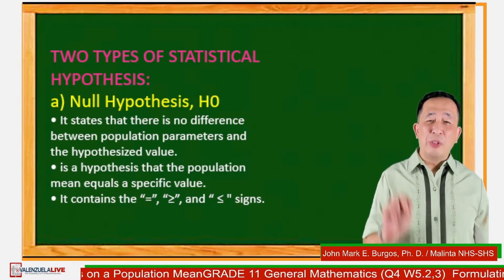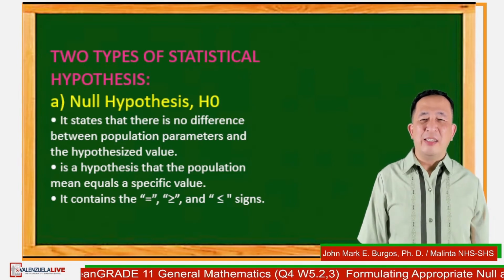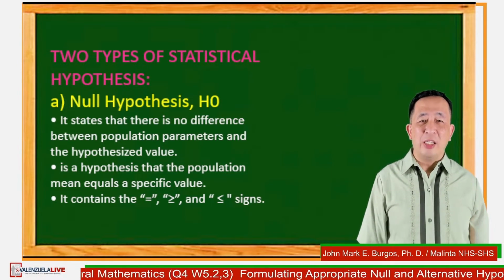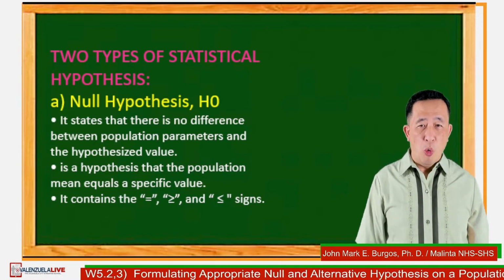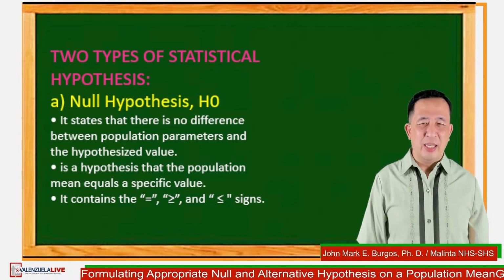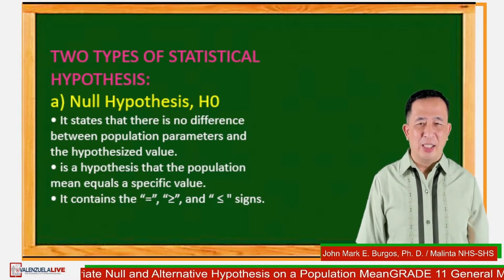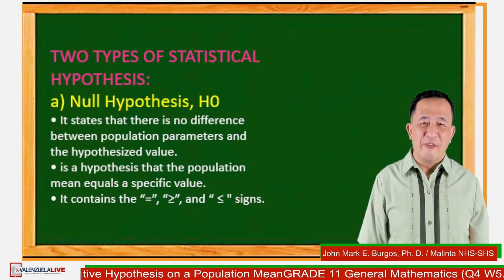There are two types of statistical hypotheses. The first one is the null hypothesis, and it is symbolized by a capital H and a small o. The null hypothesis states that there is no difference between population parameters and the hypothesized value.